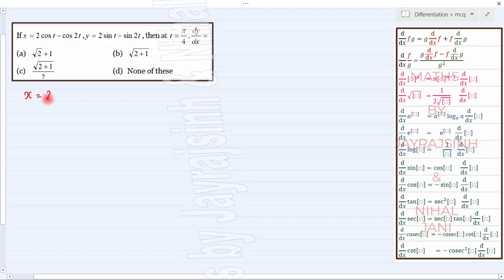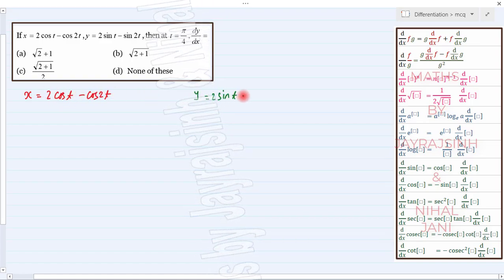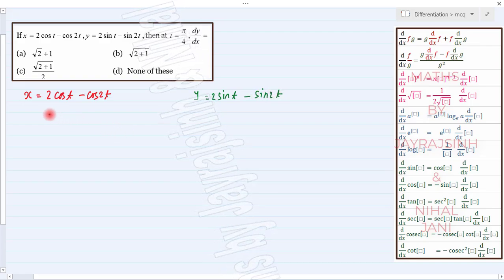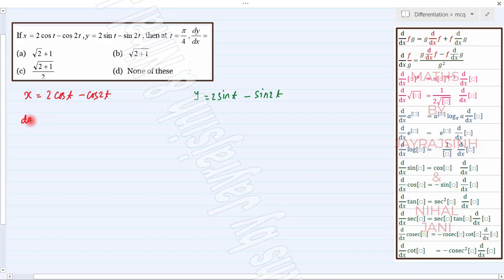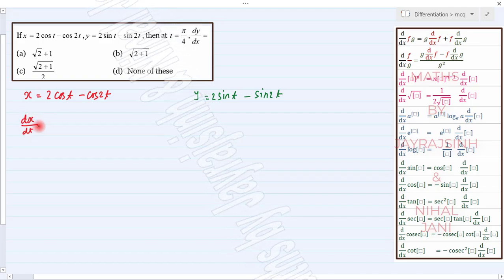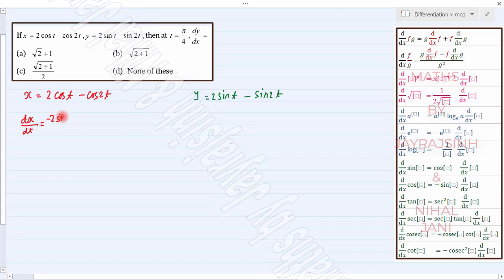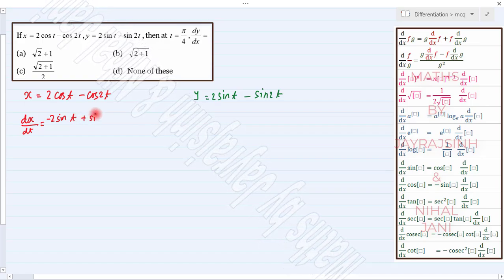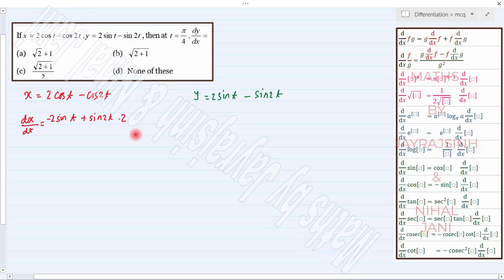If x is equal to 2 cos t minus cos 2t and y is equal to 2 sin t minus sin 2t, we have to find dy by dx at t equal to pi by 4. And for that, let's differentiate both equations with respect to t. So dx by dt will be minus 2 sin t, and this cos 2t will become plus sin 2t into coefficient of t, which is 2.